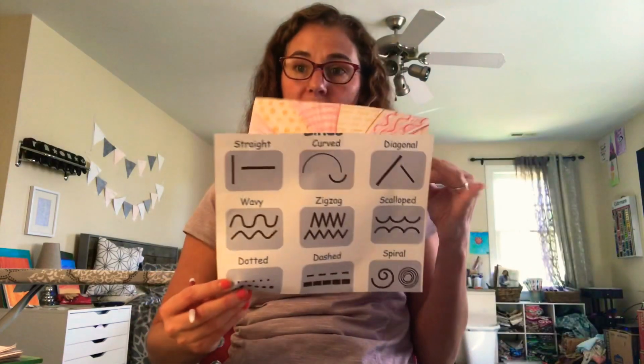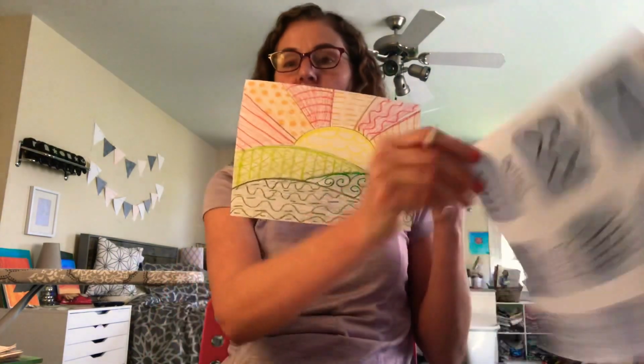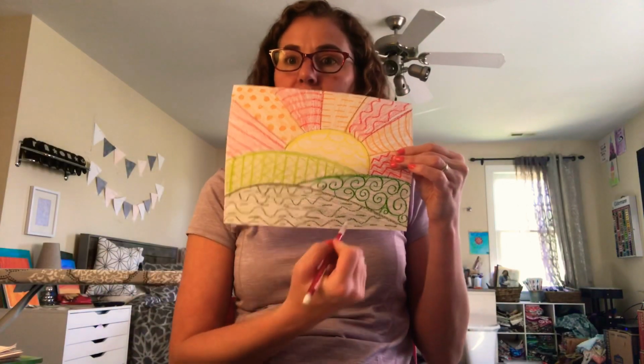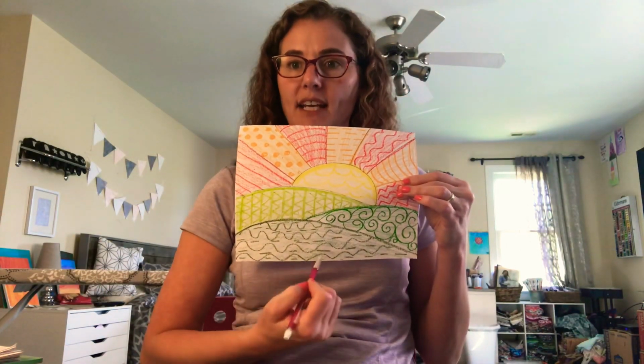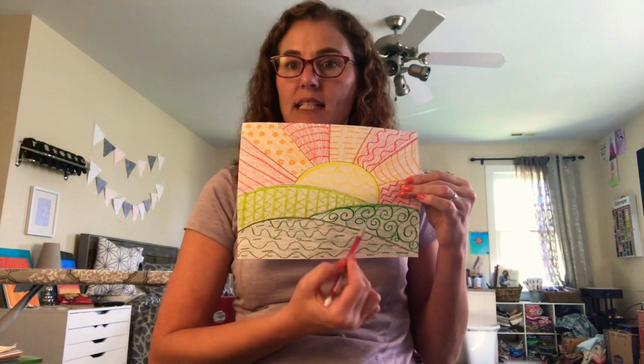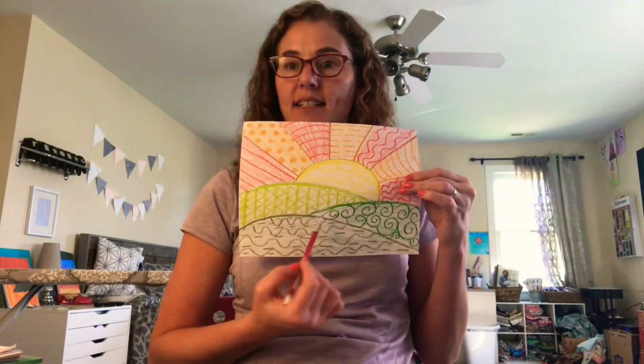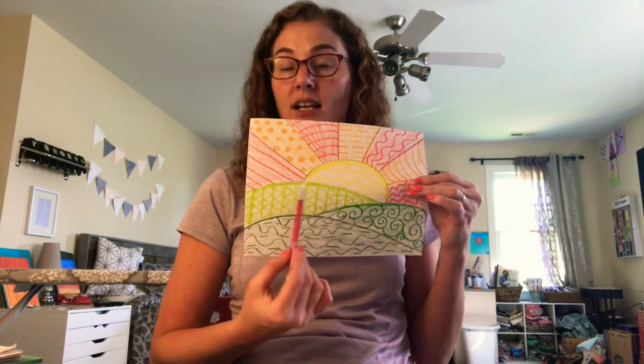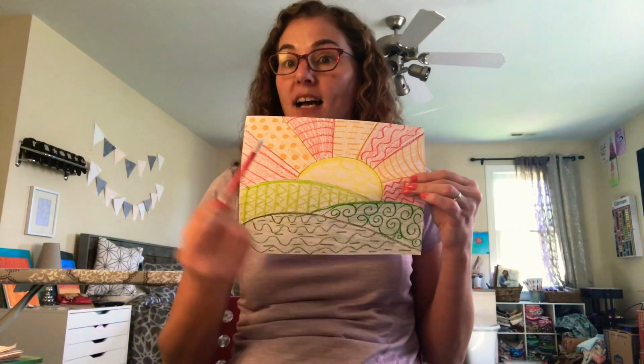You can always go back and look at this that's on the page. Use this as examples for lines and fill them in. Look, I've got wavy, dotted, spiral, zigzag, vertical, curved, dotted lines, diagonal lines, wavy lines.